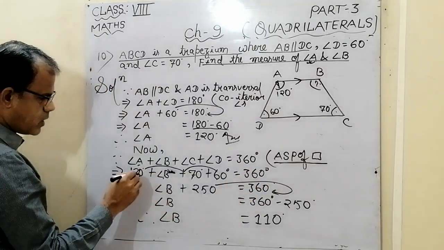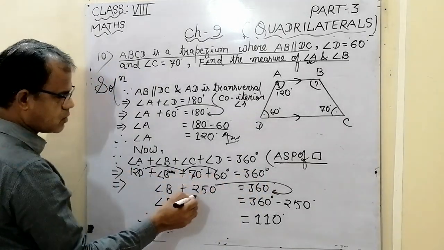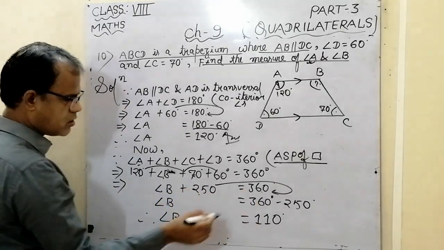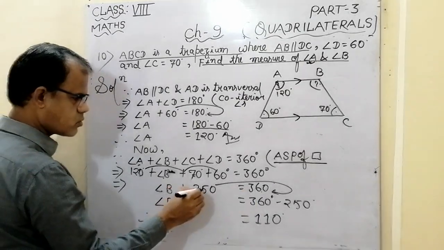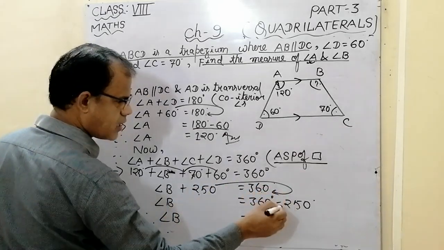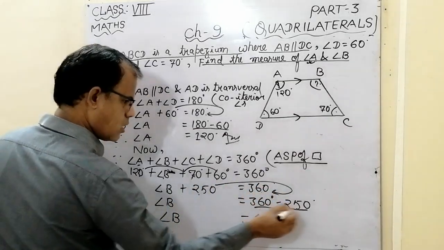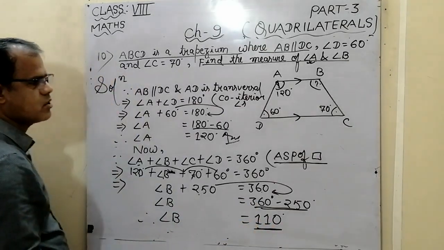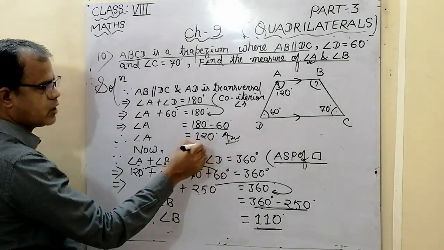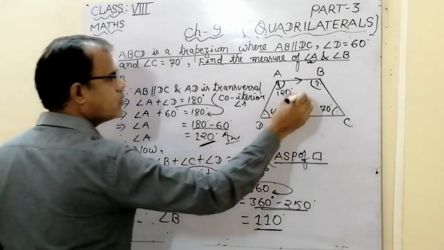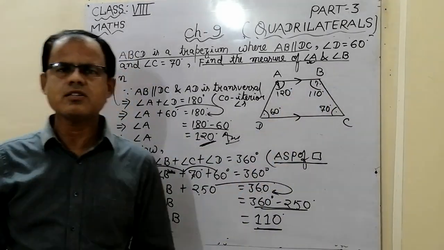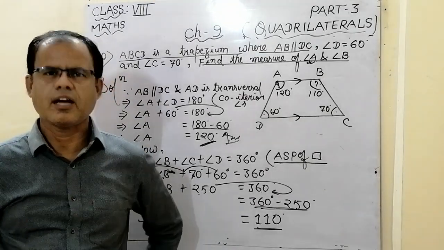So angle B plus 250 equals 360 degrees. Subtracting 250, angle B becomes 110 degrees. So the answers are angle A 120 degrees and angle B 110 degrees. So students, that's all for today. Have a nice day.